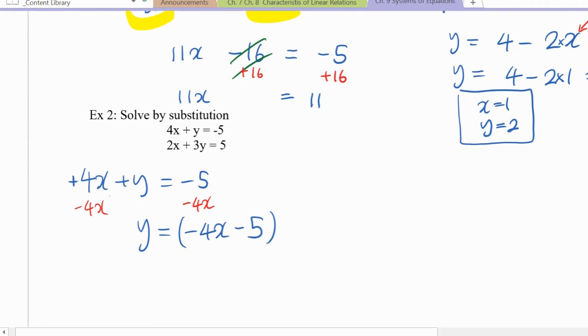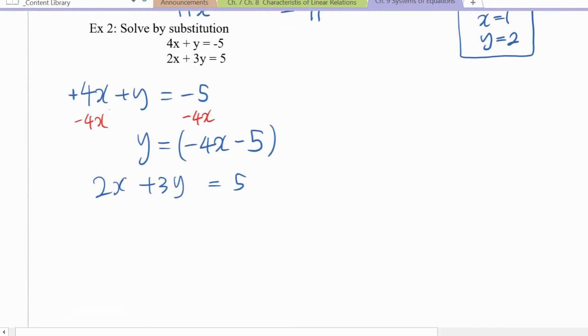And what you're going to do is from the second equation, which is 2x plus 3y equals 5, we're going to substitute this y. We're going to substitute this bracket into y.